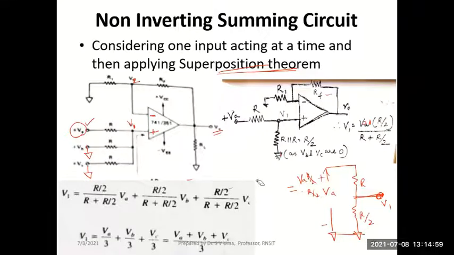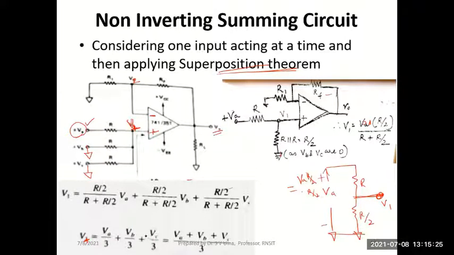So as you can see, all these values should be added to give you the final voltage at this point. Let me call it V plus rather than V1. The voltage at this point will be VA by 3 plus VB by 3 plus VC by 3.